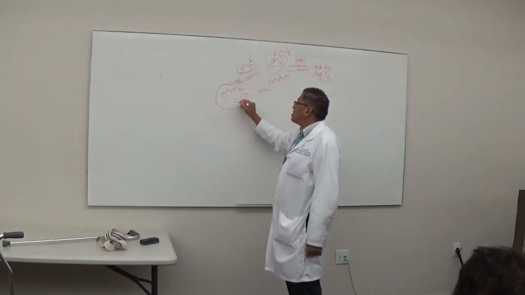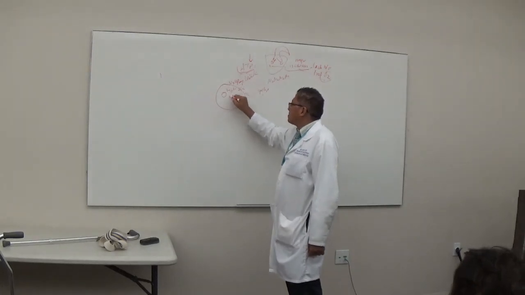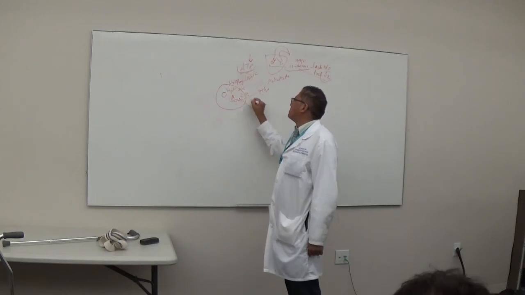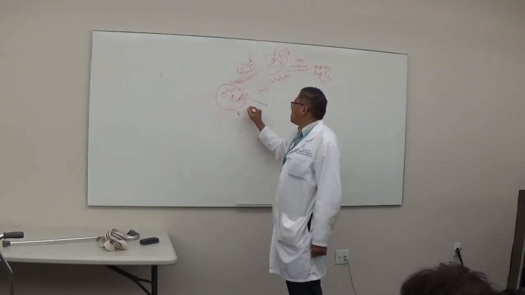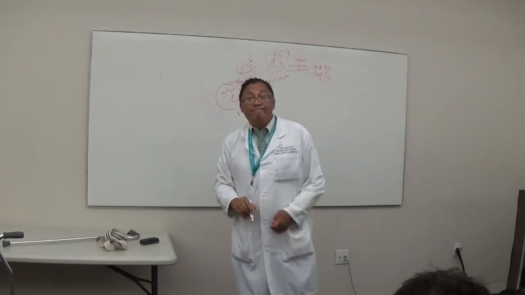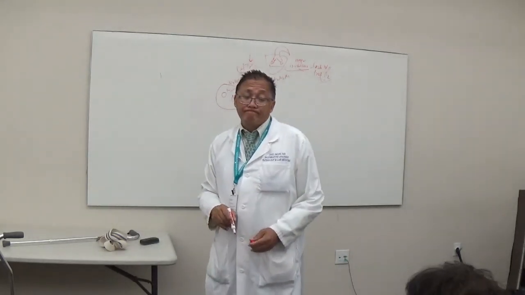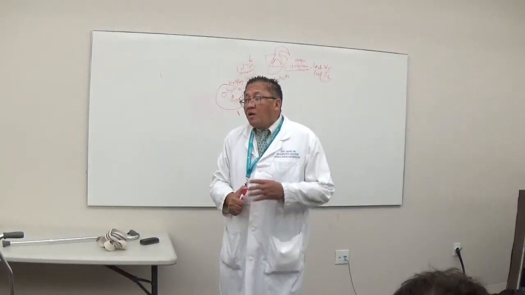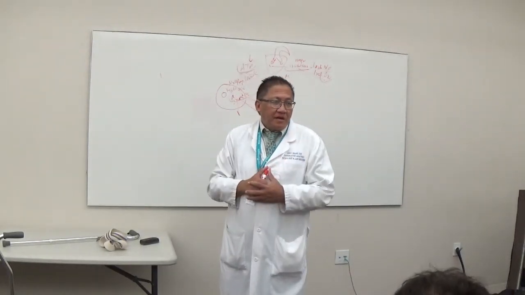No. The sodium remains where? So remember, wherever sodium goes, water will what? Follow. So if the water goes inside the cell, can the cell become swollen? Yes. Is that why it's called hydropic swelling? Yes. So what am I trying to drive at here?